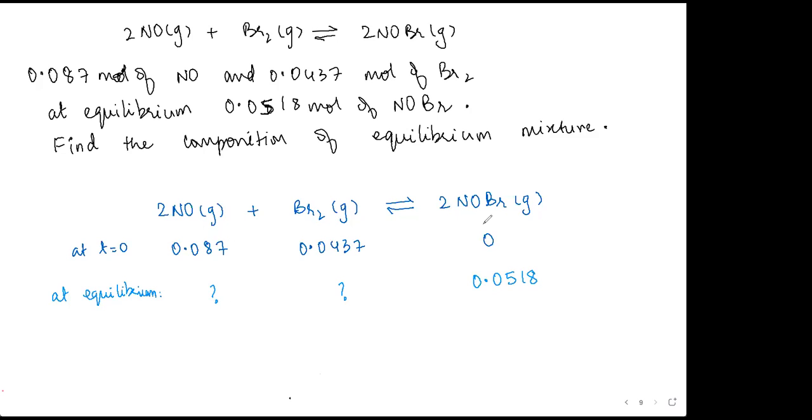So based on stoichiometry, if you had to form these many moles of NOBr, how many moles of NO should have reacted? See, to form 2 moles of NOBr, you need 2 moles of NO. So if you formed 0.0518 moles of NOBr, how many moles of NO are required?